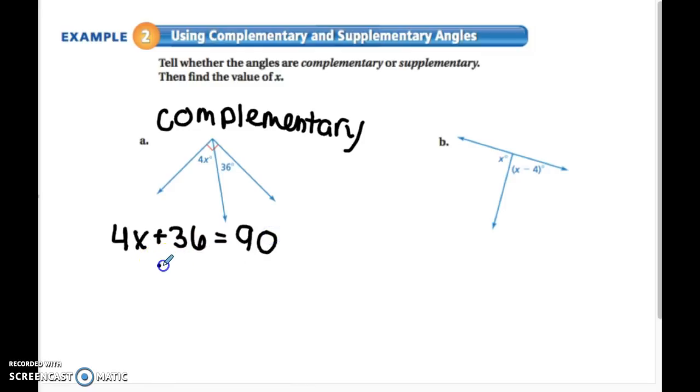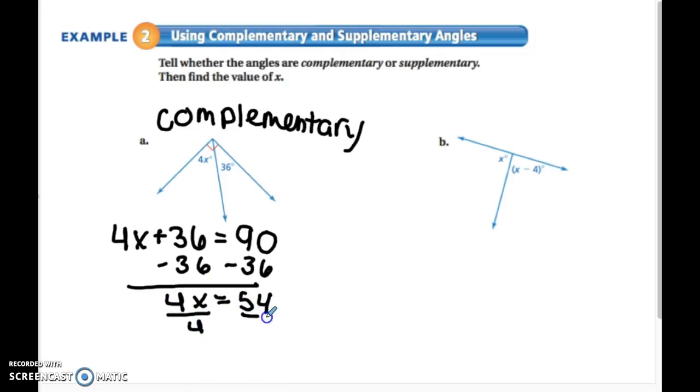Let's solve the equation. Isolate, subtract 36 on both sides. We get 4x equals 54. Divide by 4 on both sides. We get x equals 17. So x equals 17.